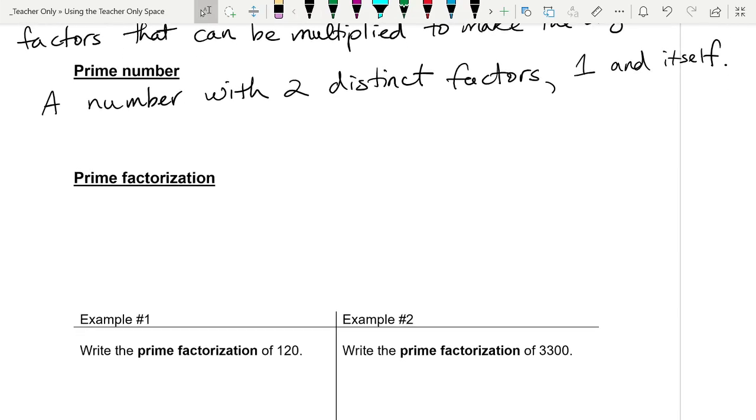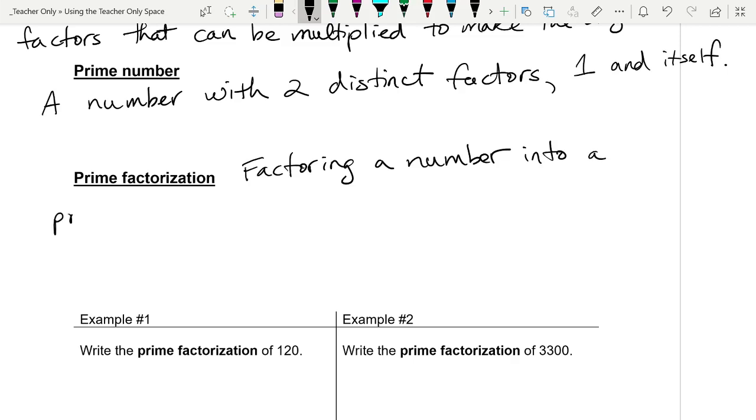Prime factorization is factoring a number into a product. And remember, product just means the answer to a multiply, of its prime factors.